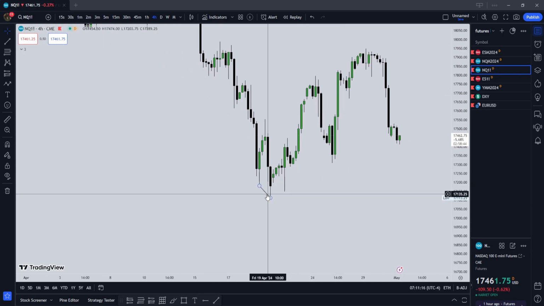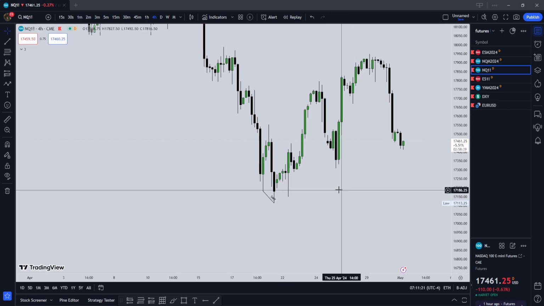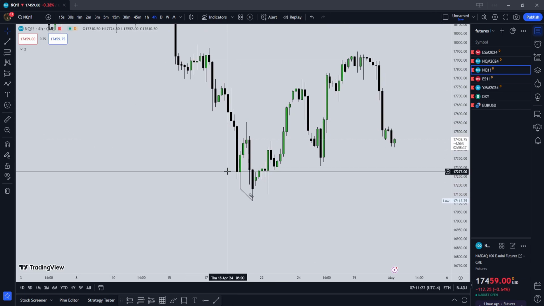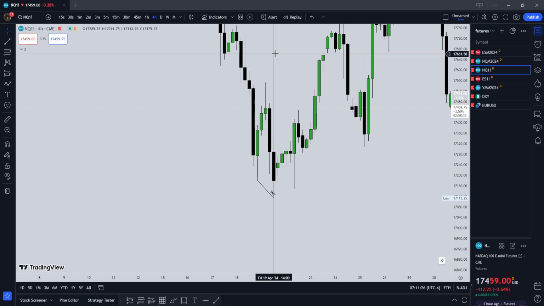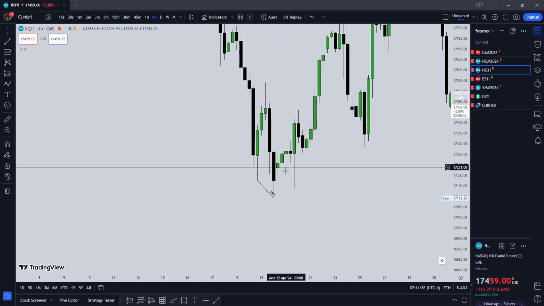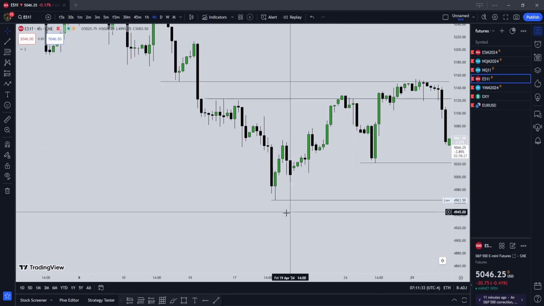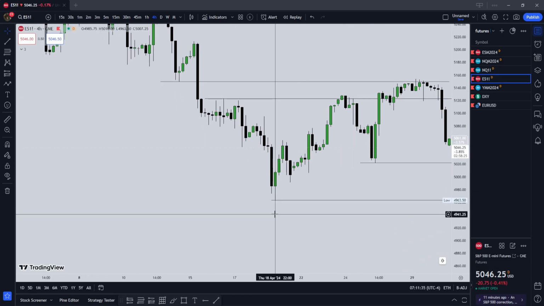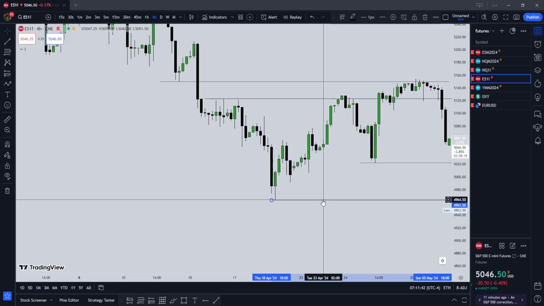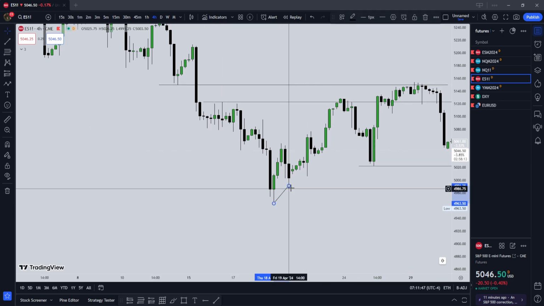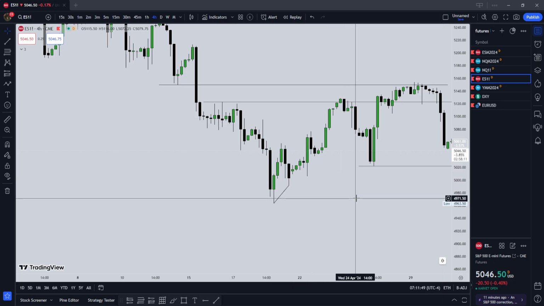In this example here, we have a bullish SMT. How do we know this is a bullish SMT? I'm on the NQ chart right now, and as you can see, on NQ price made a lower low. If we go on an ES chart, at the same time, Thursday 18th April and Friday 19th April, we actually made a higher low, which is an indication that price is going to go up.